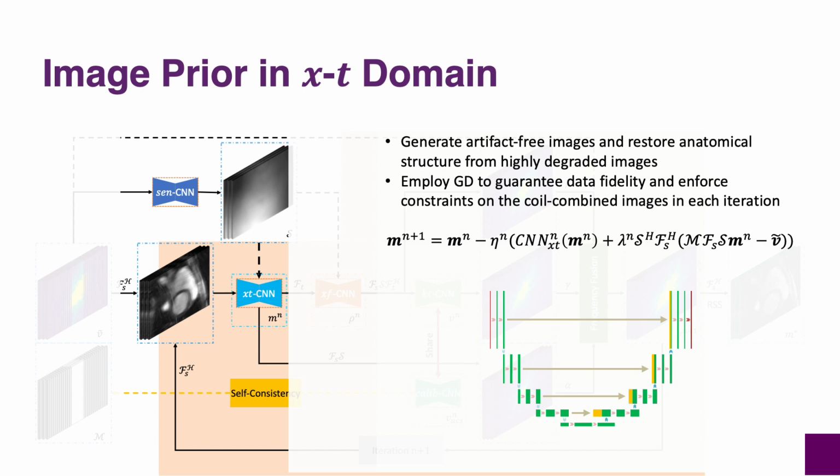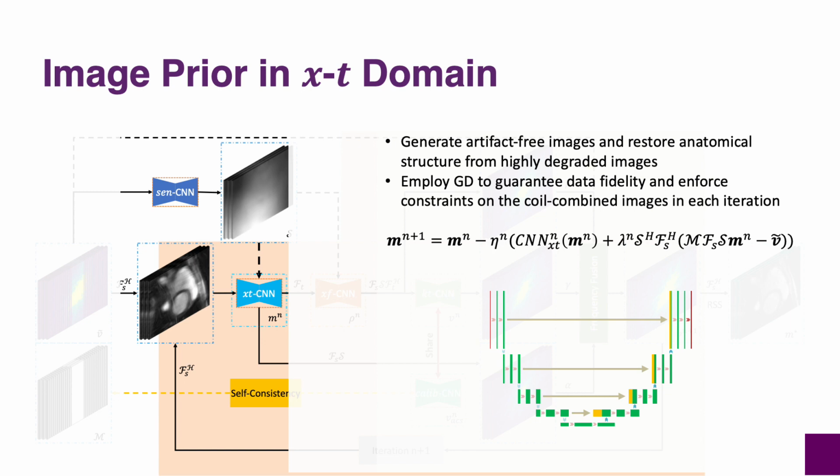The objective here is to generate artifact-free images and restore the overall anatomical structure from highly degraded images, which enables us to provide complete k-space-based signals for subsequent dynamic feature extraction and high-frequency restoration.